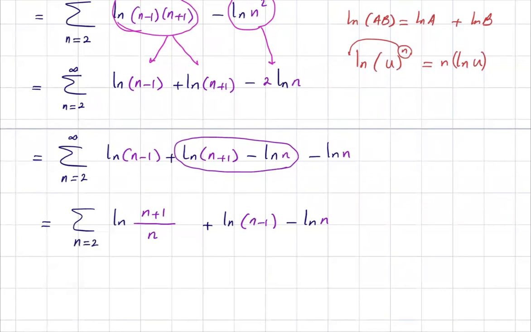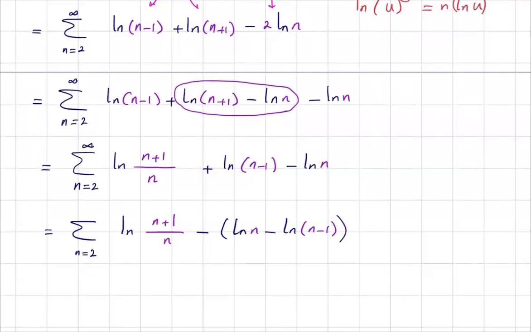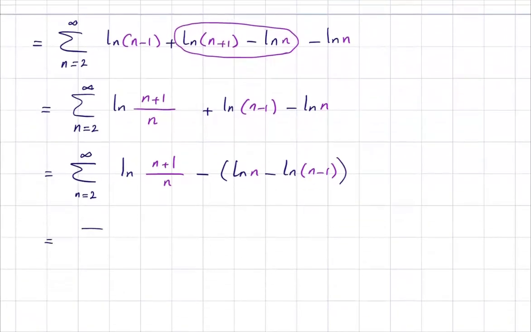So this becomes the summation of ln of n plus 1 divided by n minus ln of n divided by n minus 1, n starts from 2, goes to infinity. I write it this way because I can recognize the pattern.